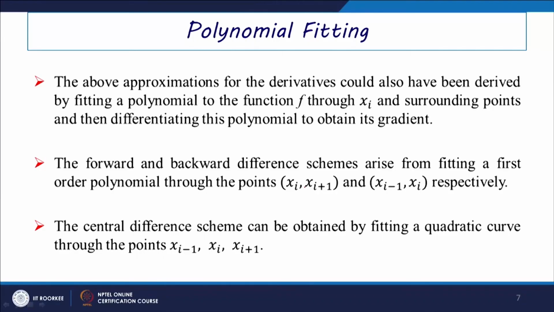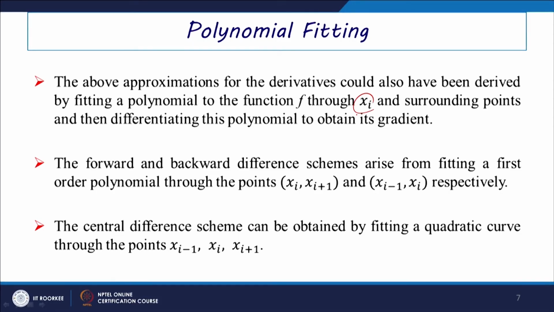The above expressions are the finite difference formulations based on the Taylor series expansion, which involve derivative terms that could be derived by fitting a polynomial to the function f through the grid points, defined in the form of xi, and surrounding points, and then differentiating this polynomial to obtain its gradient.